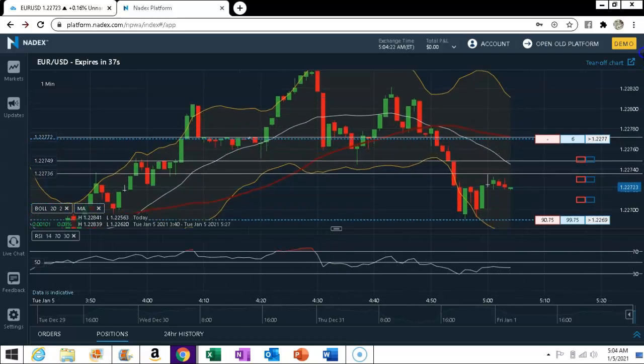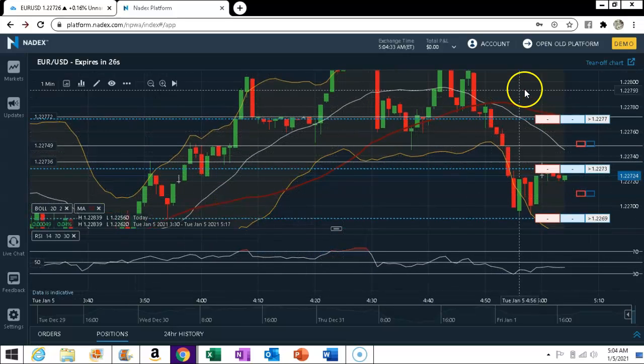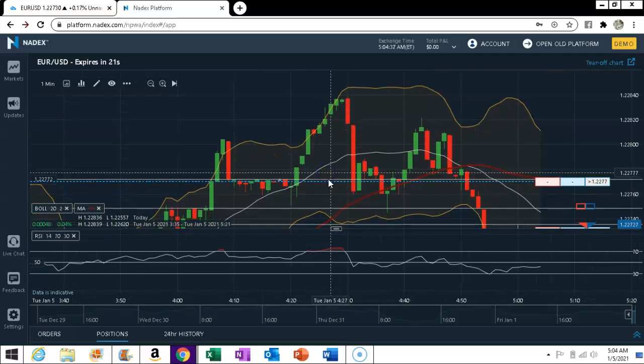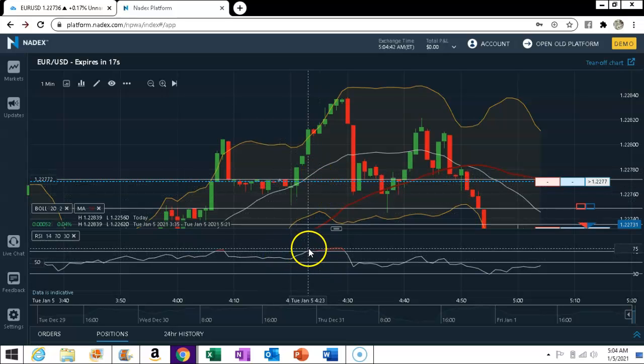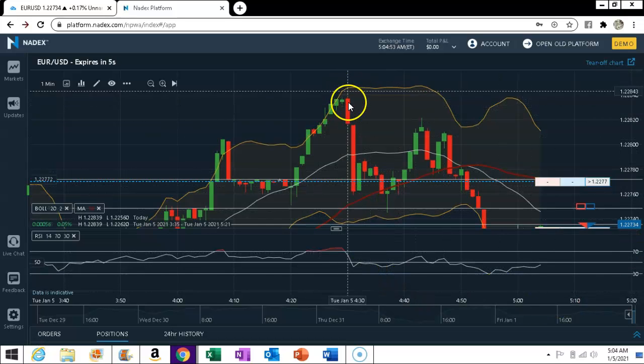Alright, so we got this Bollinger Band right here. And right now price is above that 50, which is the 50 period, and we're on a 1 minute chart. Price came here. This line right here, when price is at or above that 70, price is overbought and is due to come down.